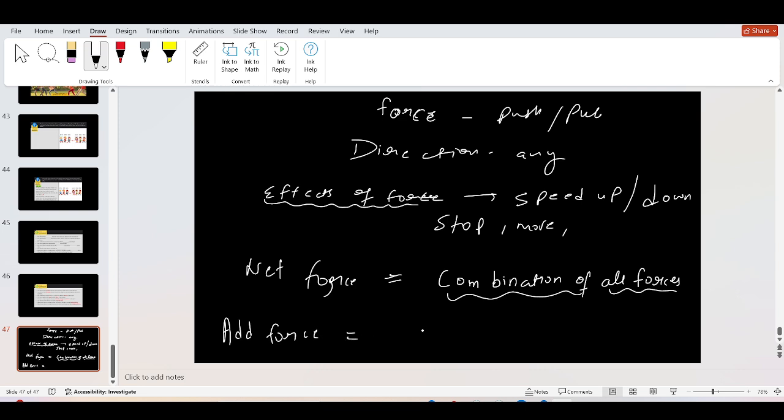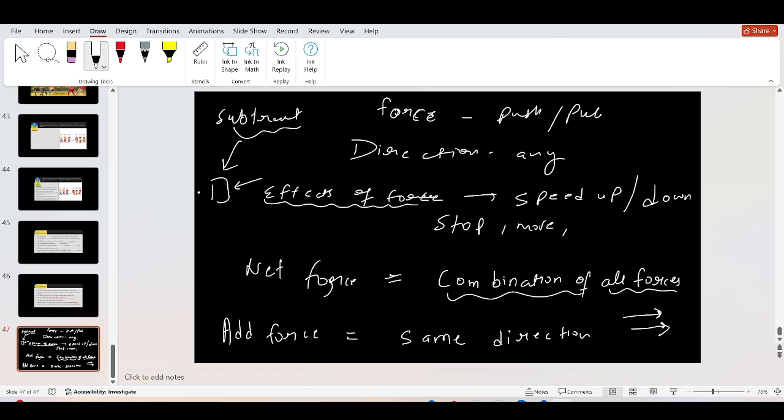You add force when you want to push something, pull something, stop something, make it go faster. Yeah, but when the directions are the same, right? What is zero? When we subtract, the force is 0 when there are balanced forces. Yeah, okay. Good.